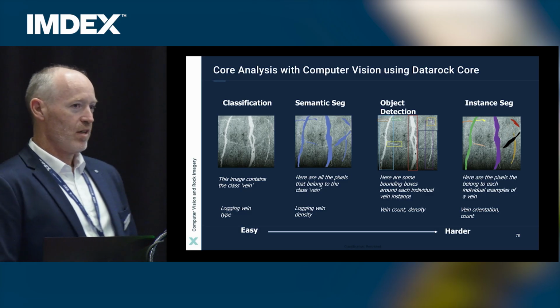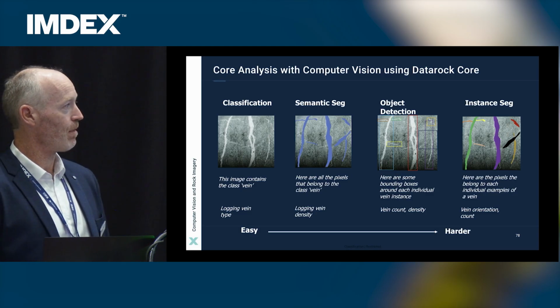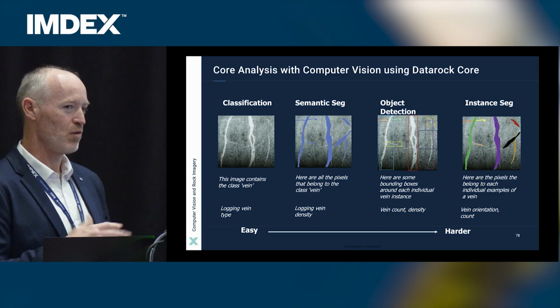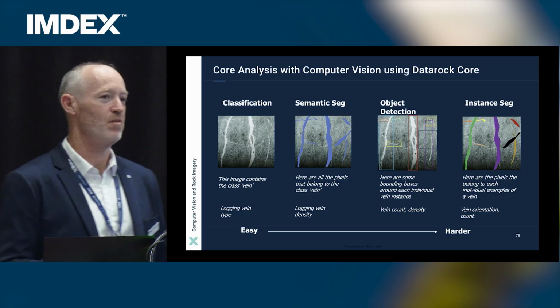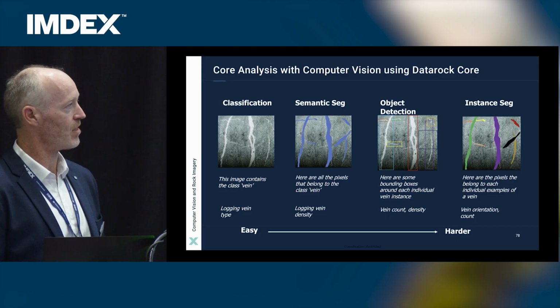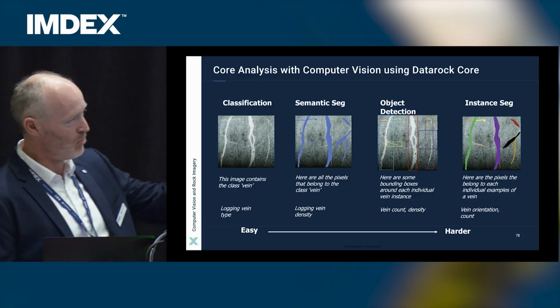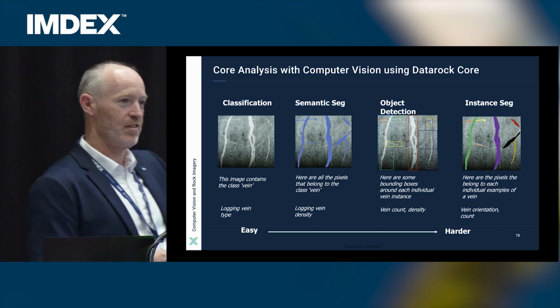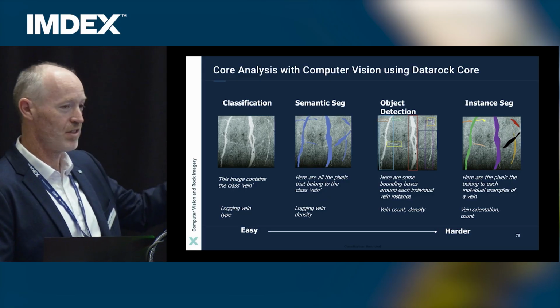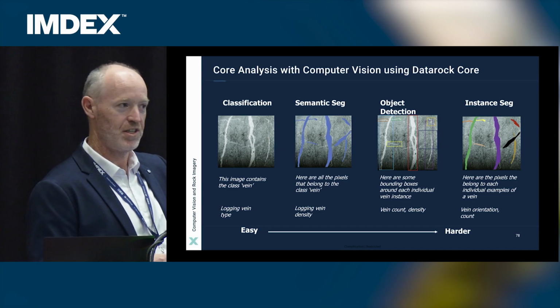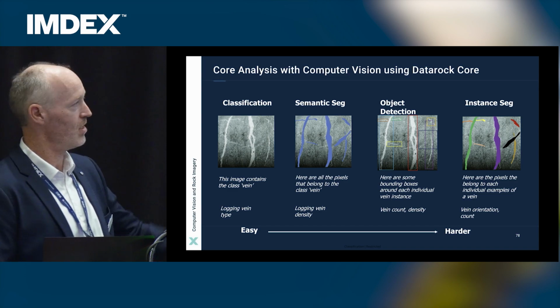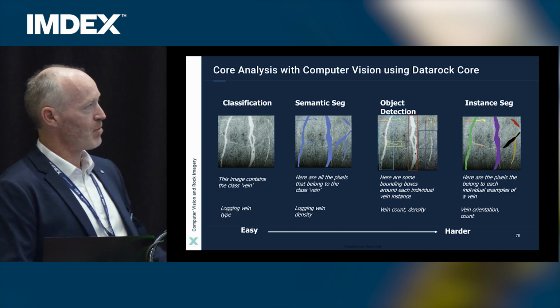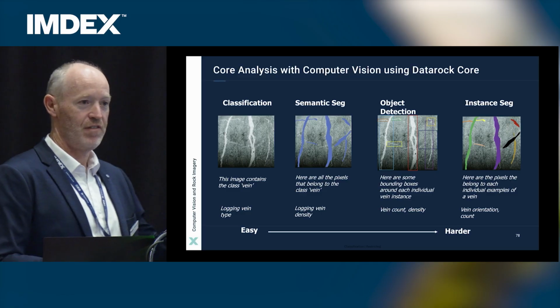So when we talk about computer vision, we're thinking of 4 flavors or 4 approaches to the information that you can actually extract. In this image here, we've got classification on the left. That's, is this rock, or does this contain a vein or not? Is this a granite or not? Semantic segmentation, that's when you start to identify features in it.